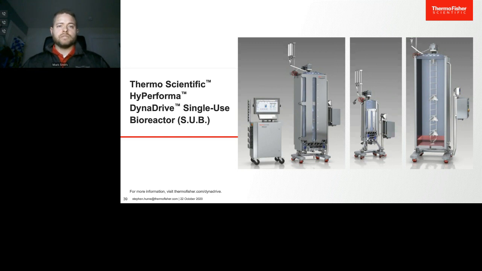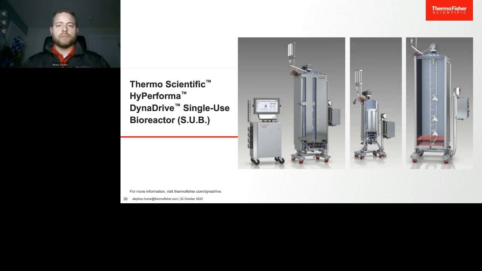In another case, we were looking at an N-1 perfusion prior to an intensified fed batch process. And the DynaDrive in this N-1 perfusion, yeah, non-steady state, right? But it was estimated that the DynaDrive could support up to 400 million cells per mil based on the oxygen transfer rate versus the oxygen uptake rate of the cells in that culture.